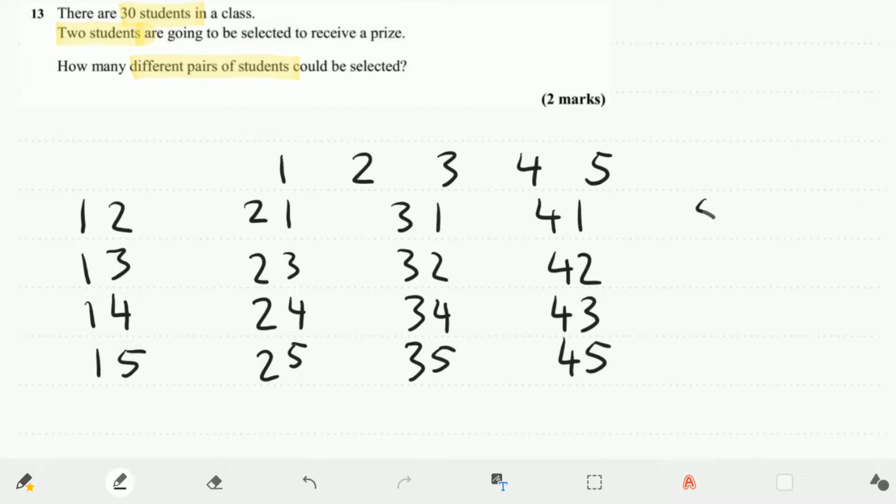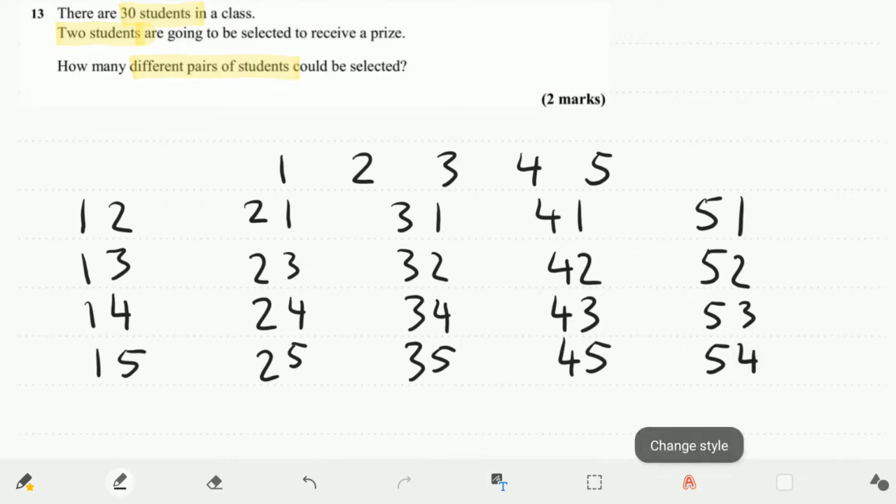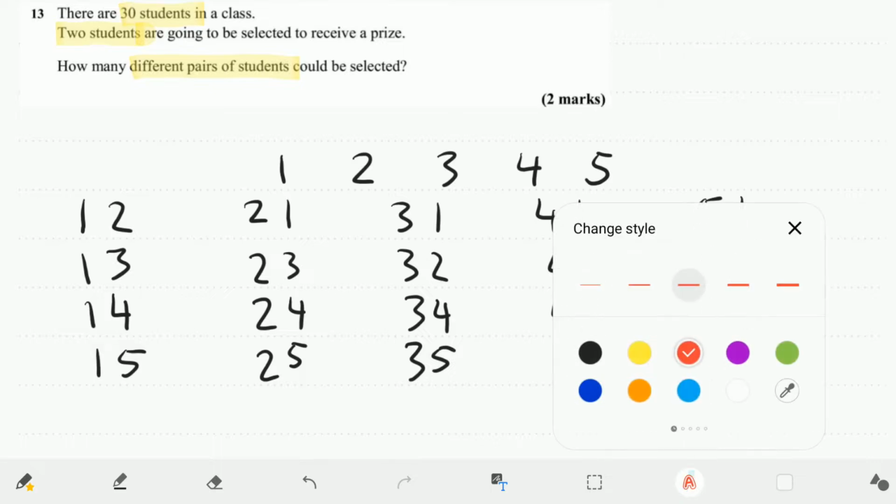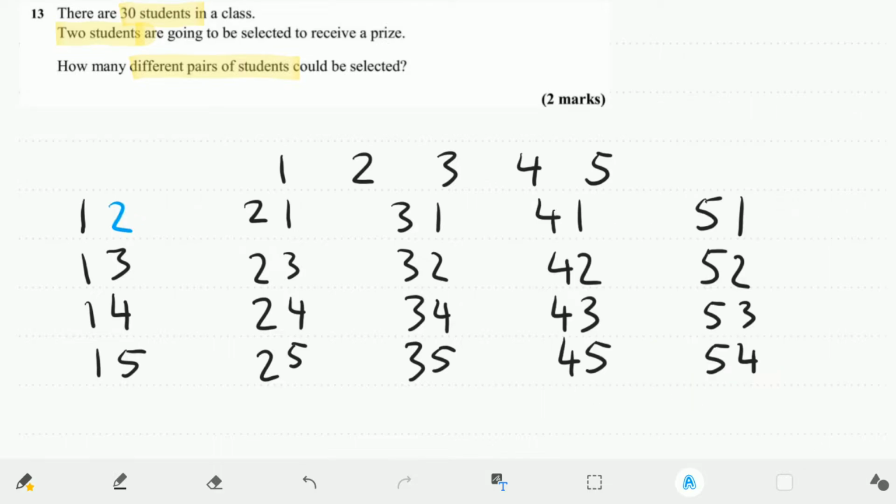And for the 5th person, his pairs could be 1, 2, 3, and 4. All right, and just to make it easier to look at the numbers, I'm going to change the colors of the pairs, so you can see who the second person is.